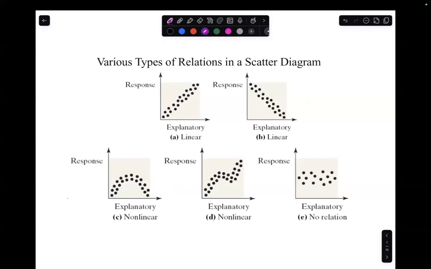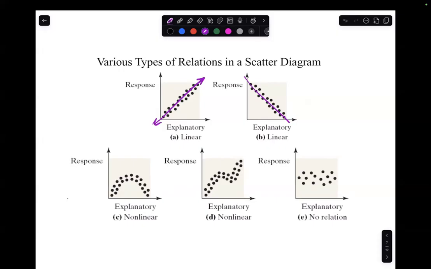I can draw a line through them and it aligns pretty closely with the data. A is a pretty great positive linear relationship. B is a negative linear relation, but it is a line: as X gets bigger, Y gets smaller.